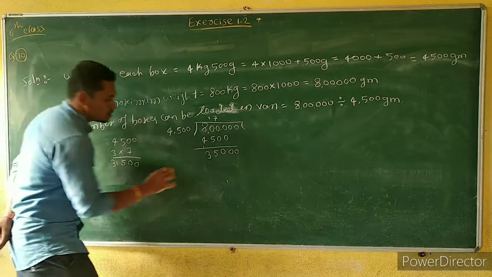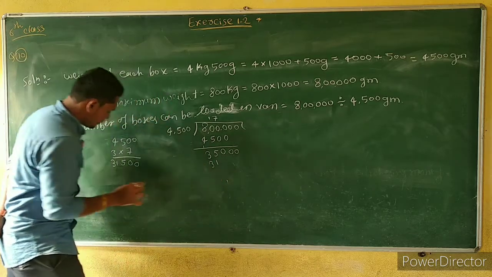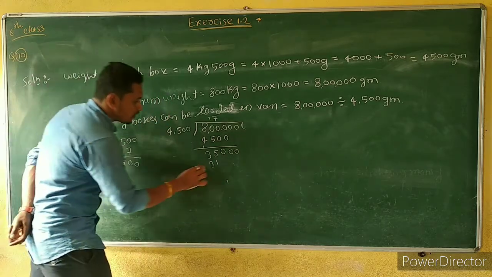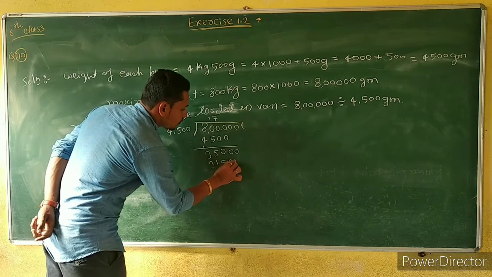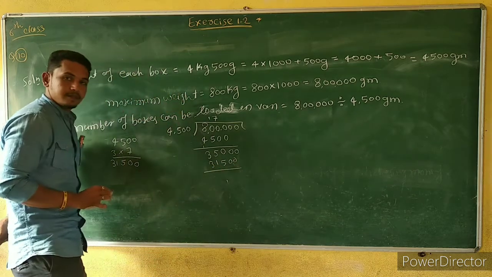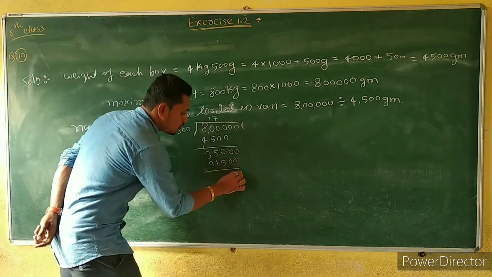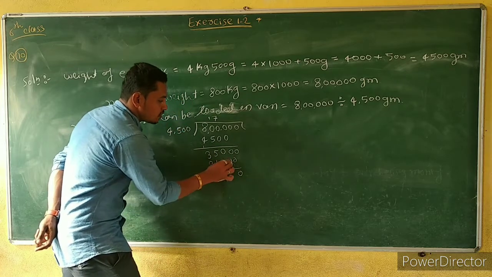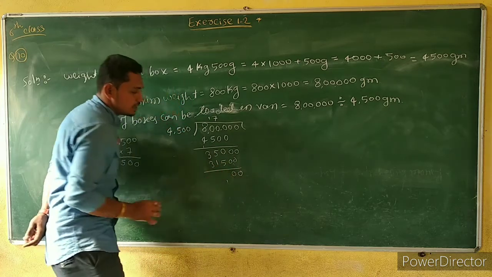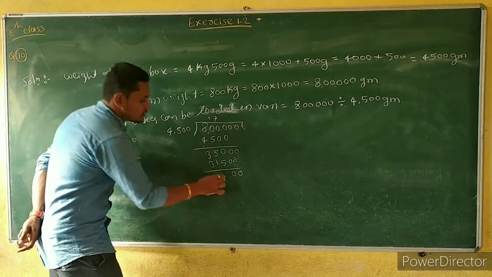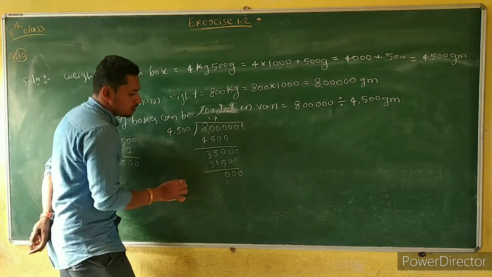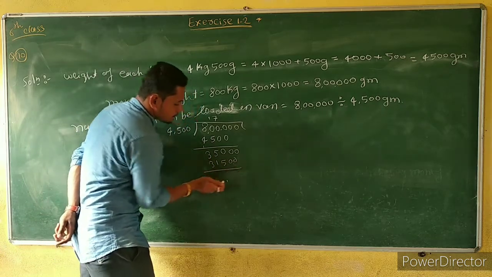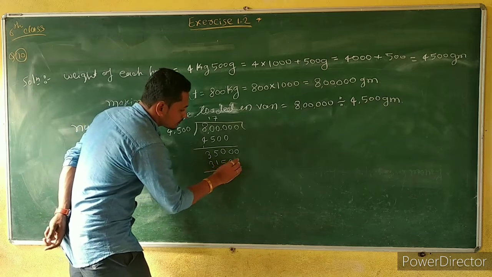Is it right? You have to write here 31,500.